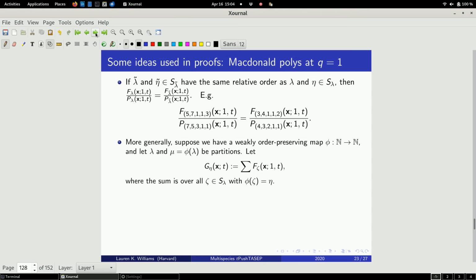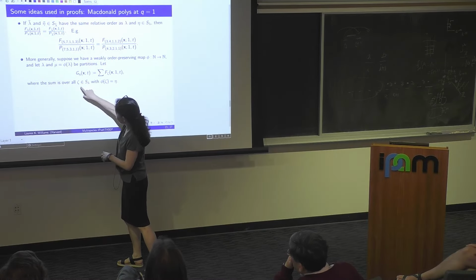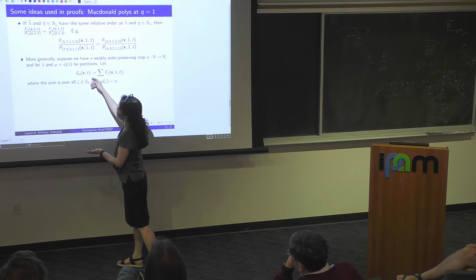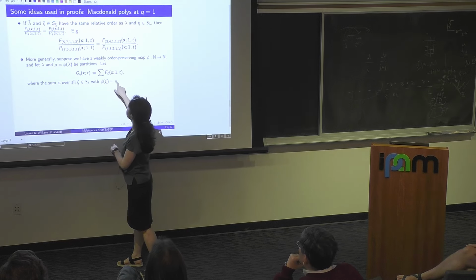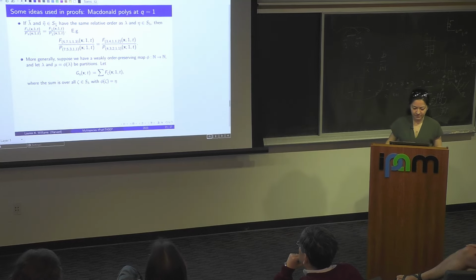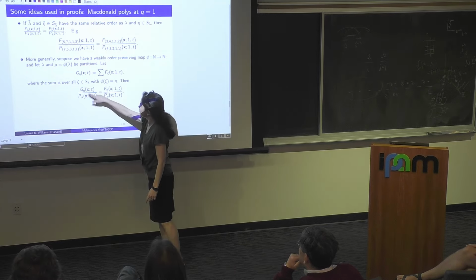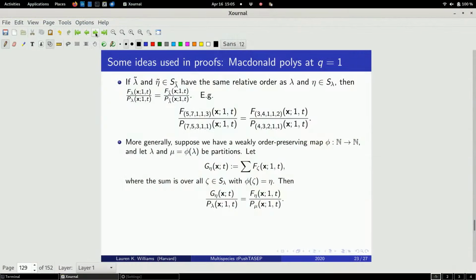Now, say I define this quantity g sub eta by summing up all the ASEP polynomials f sub zeta, where zeta is obtained by taking a permutation of the parts of lambda, such that the order-preserving map maps zeta to eta. So then I claim that these two ratios are the same.